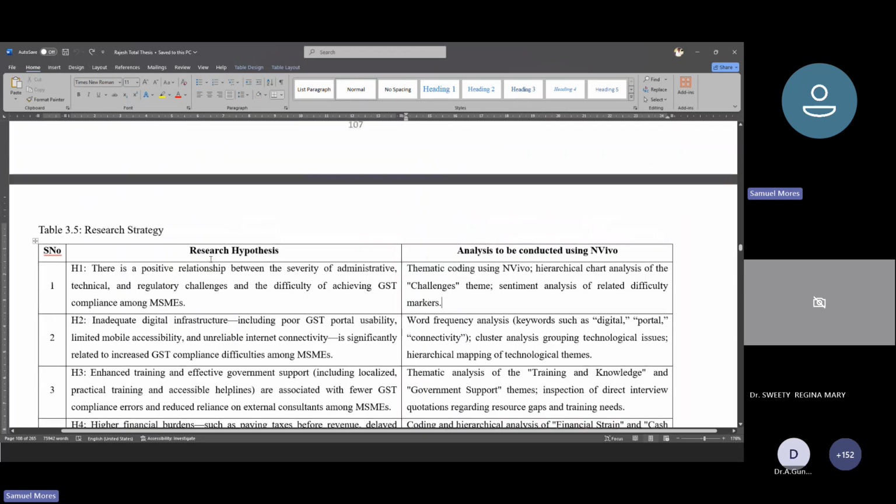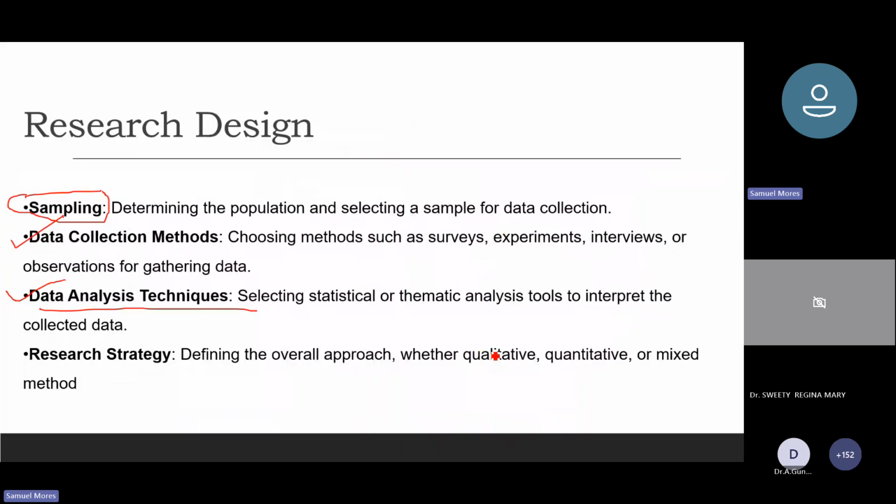This is the research strategy where you explain how each hypothesis is analyzed, what statistical or qualitative method you are using. That has to be explained in the research design. This is also part of research strategy: what the approach is, whether you are using qualitative, quantitative or mixed methodology.